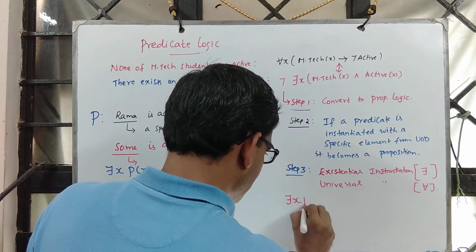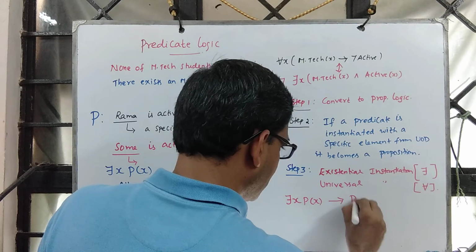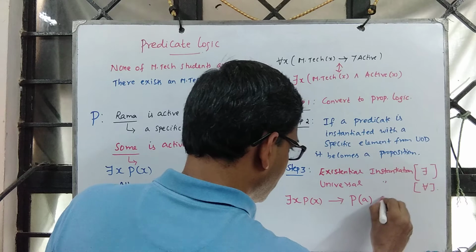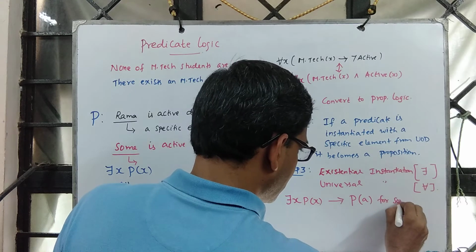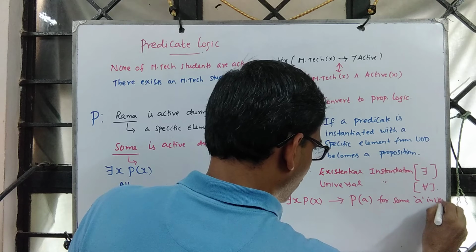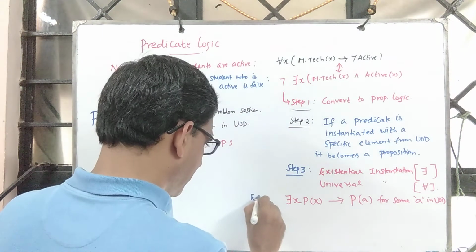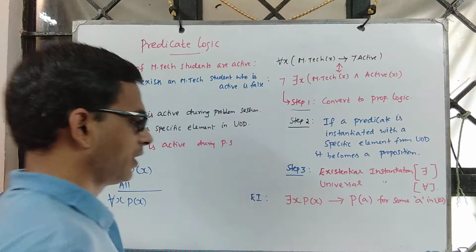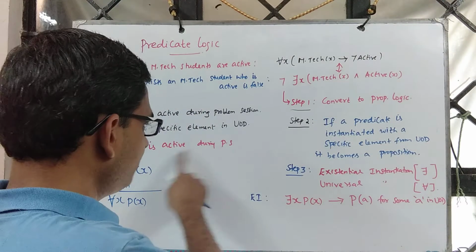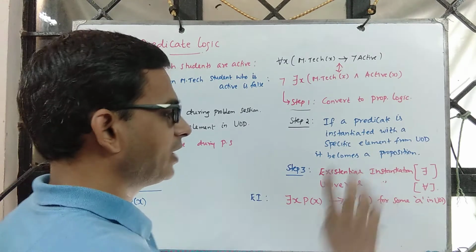There exists x, P of x implies P of a for some a in UOD. This is called existential instantiation. Some are active; if that a is Rama, then Rama is active during problem session.